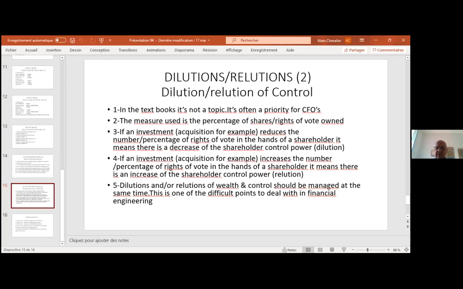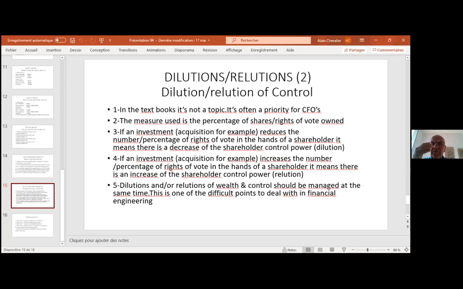So we are very careful when we make an investment or an acquisition, and of the consequences of this decision and of the financial package which is used, in terms of rights of vote, in terms of percentage of rights of vote in the next annual meeting.